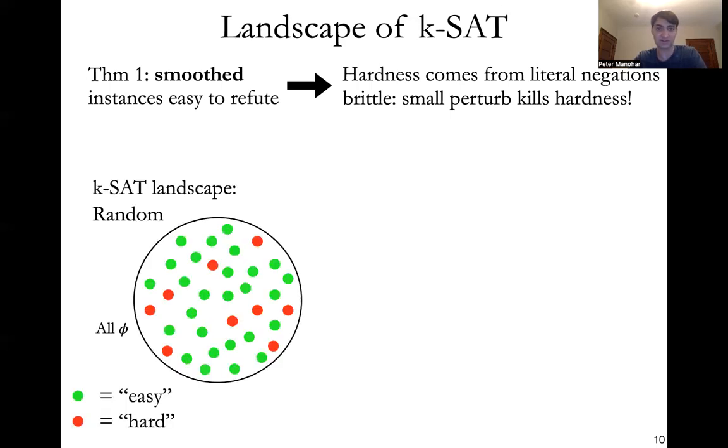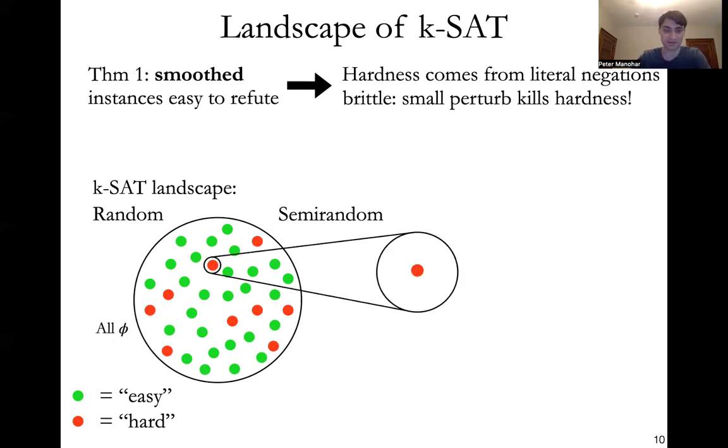And we can draw this as a picture here, where I put a dot for each k-SAT instance phi. I'm coloring the dot green if the instance is easy to refute, and red if it's hard to refute in some informal sense. And we know the picture for random looks like this. That is, if we look at all instances, most of them are pretty easy to refute, because this is what RRS shows, that they can refute with high probability.